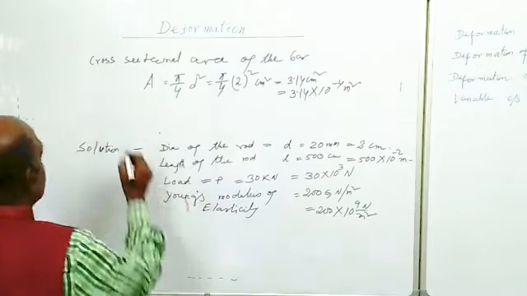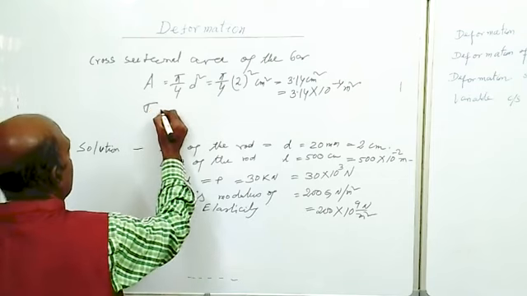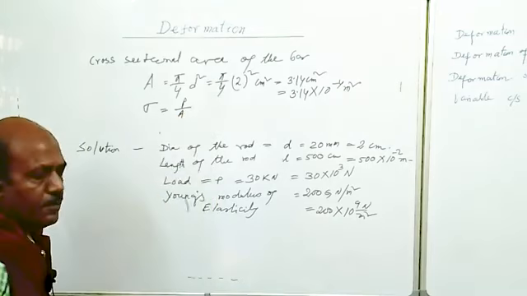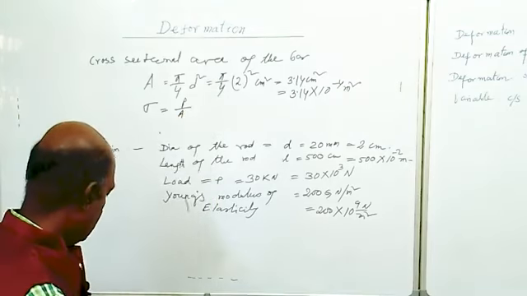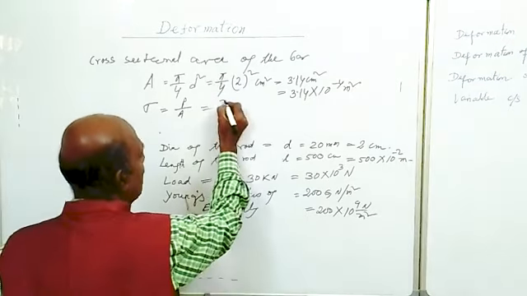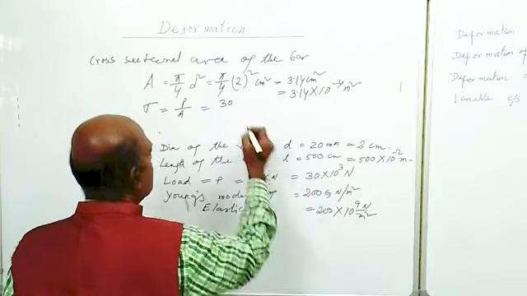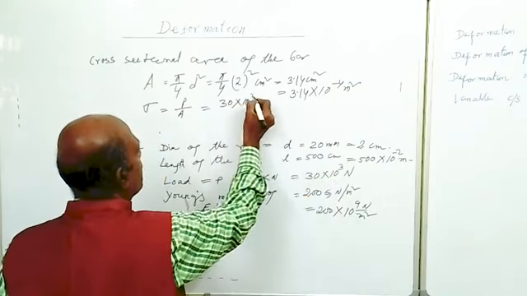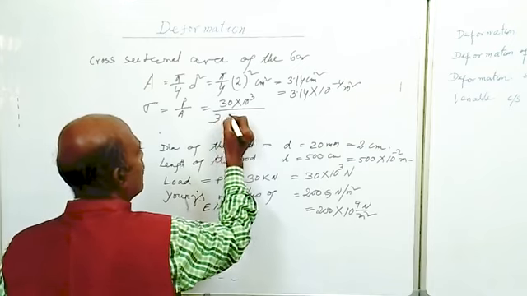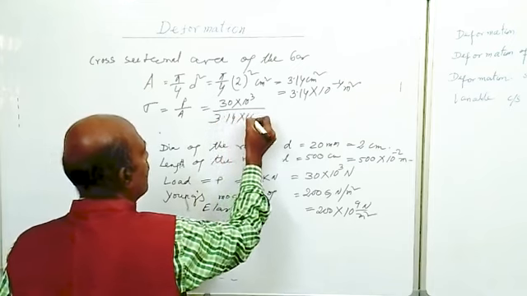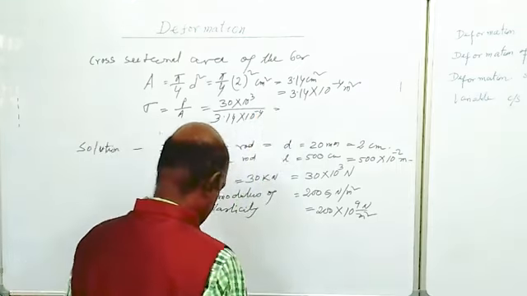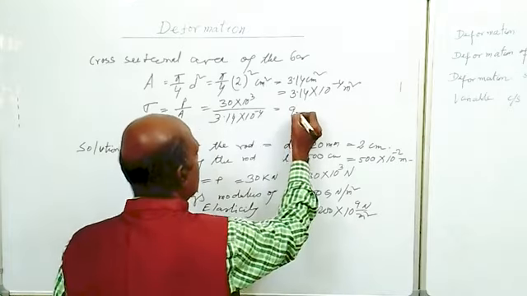Now intensity of stress, that is sigma, is given by load by area, or resistance developed in the body divided by cross-sectional area. What is the resistance developed? That is the applied load, 30 into 10 to the power 3, divided by the cross-sectional area, 3.14 into 10 to the power minus 4.